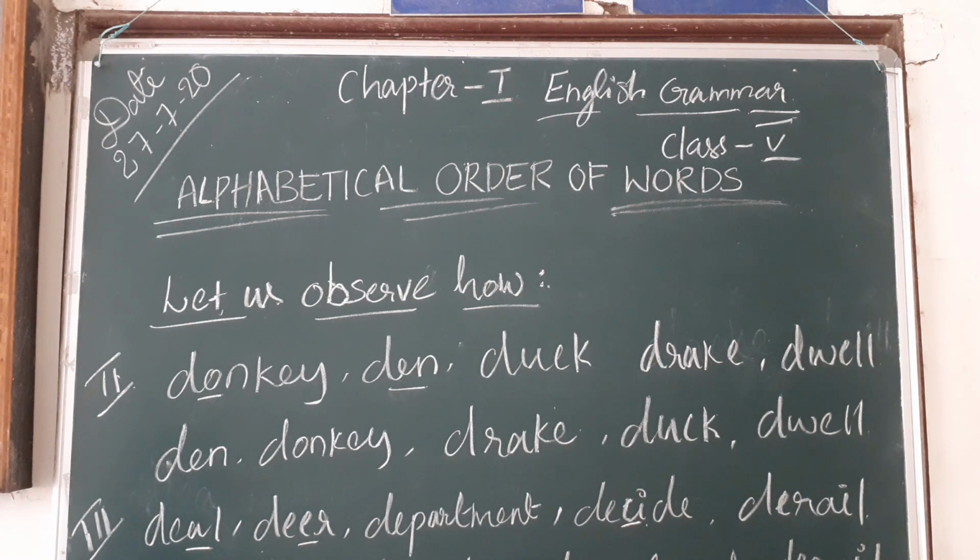A sentence makes a group of words. These words are made with letters and should be arranged in alphabetical order. The first chapter teaches to arrange the words in alphabetical order.